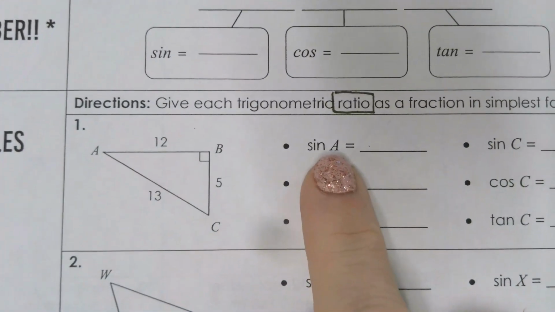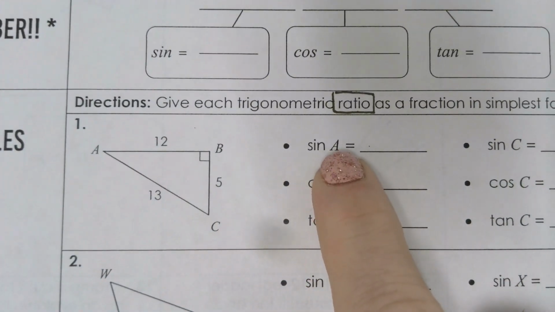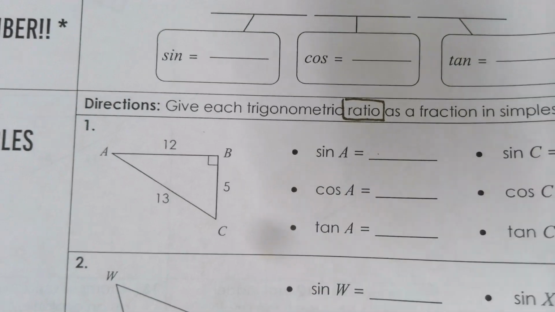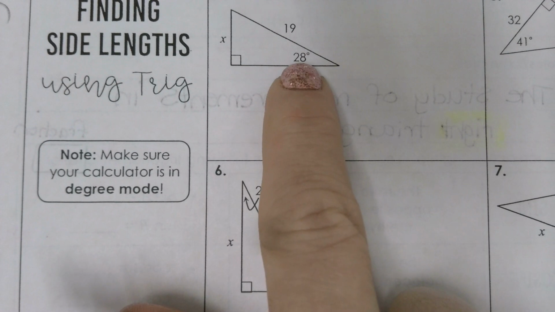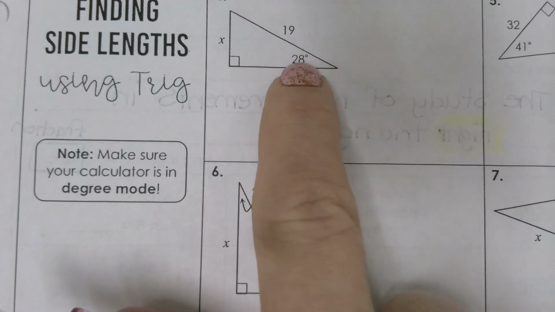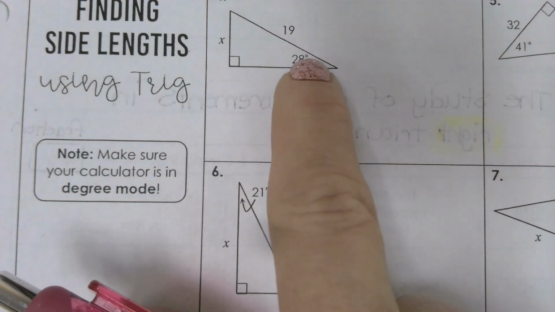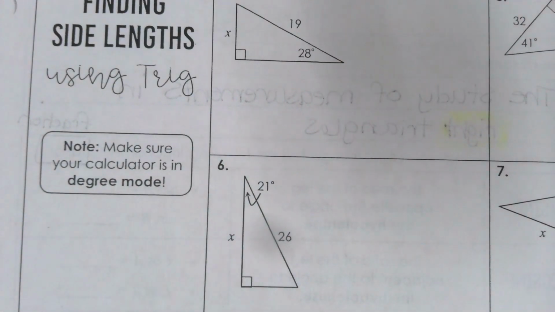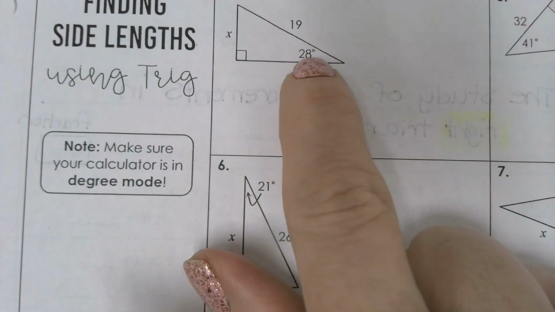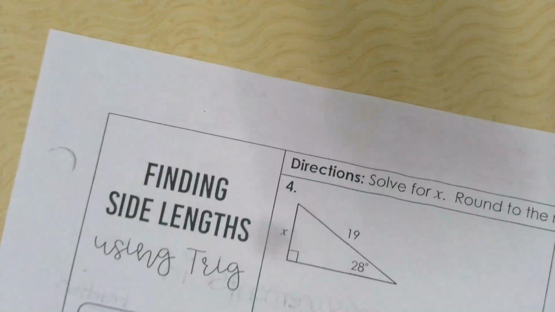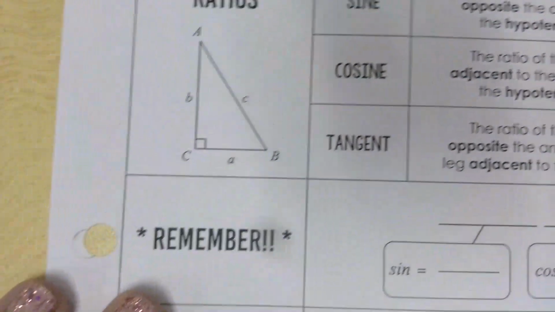Sometimes they will do this: the reference angle is A for this problem. Sometimes they will do this: my reference angle, there's not a letter there, but my reference angle is where the measurement is. And then in the next set of notes, you're going to find out that sometimes they'll put the X inside here. So we have to have a reference angle.